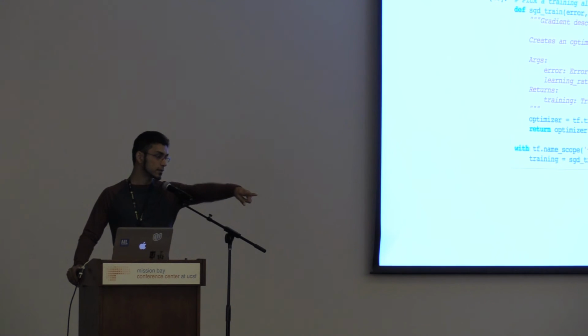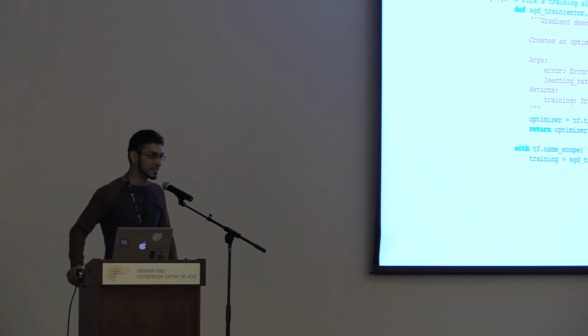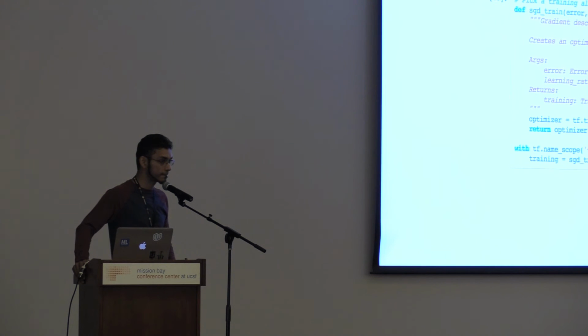I've got two questions. One is, a lot of this still seems like the old neural networks to me. So why is it called deep learning? How do you differentiate deep learning from normal learning? Another is about TensorFlow itself.